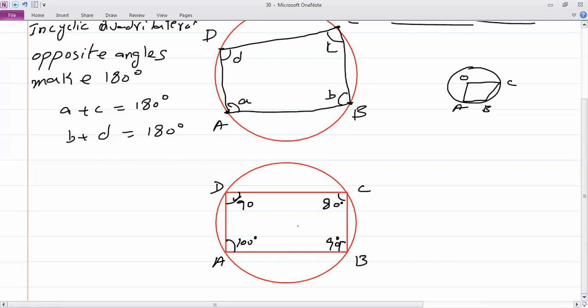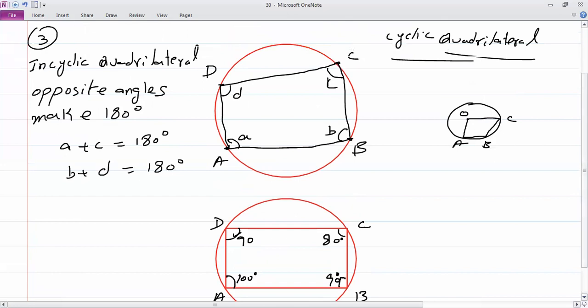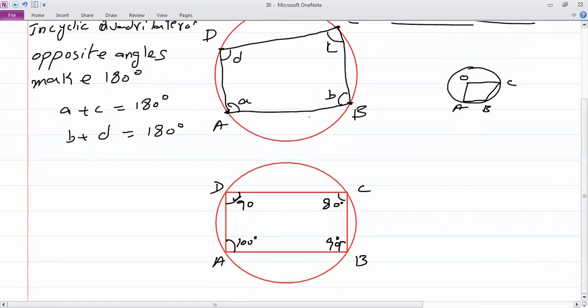We must add 80 here. So that is the meaning of the cyclic quadrilateral. In a cyclic quadrilateral, the opposite angles will make 180 degrees. That is the third rule of the circle theorem. Okay. Clear?